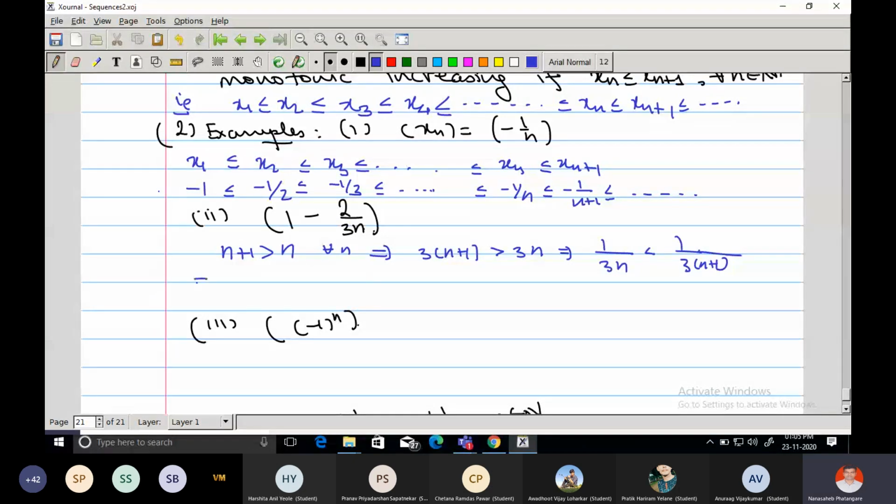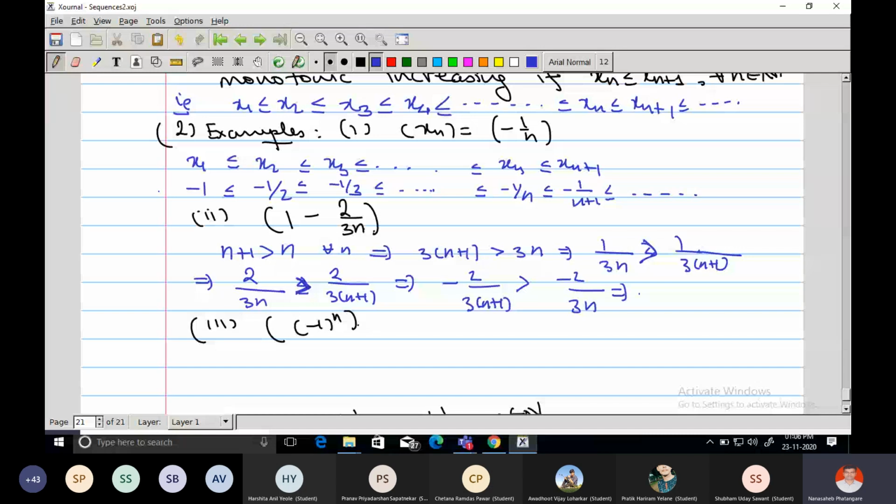Now if I multiply by minus 1, the inequality reverses: minus 2 upon 3 times n plus 1 is greater than minus 2 upon 3 times n.